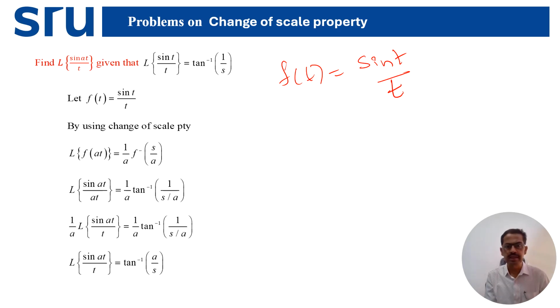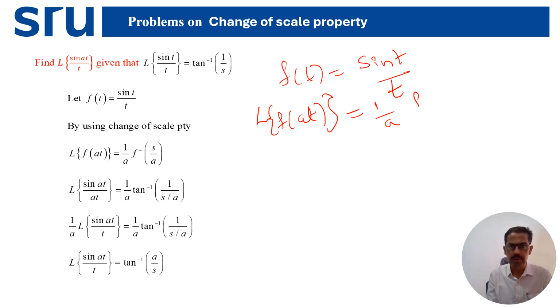By using the change of scale property, what is the formula? The Laplace transform of f of at, not t, a into t. That is the change of scale. So that is 1 by a into f bar of s by a. Actually, the Laplace transform of f of t is f bar of s, but here it is f of at.